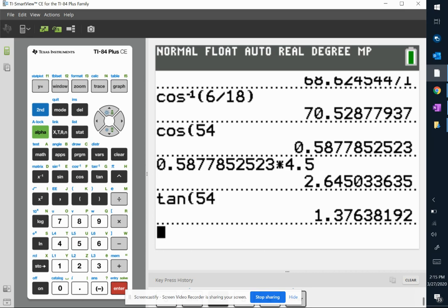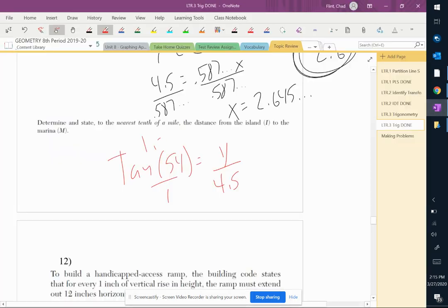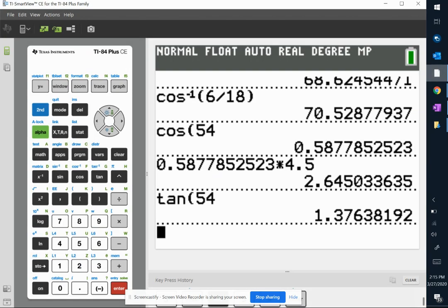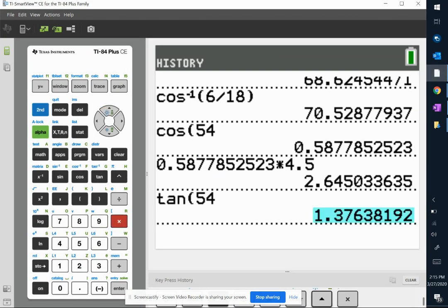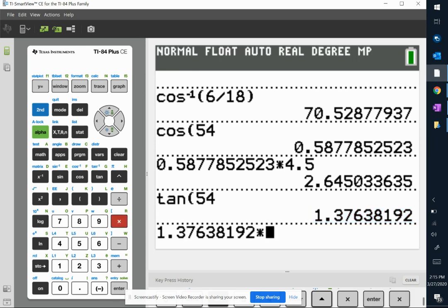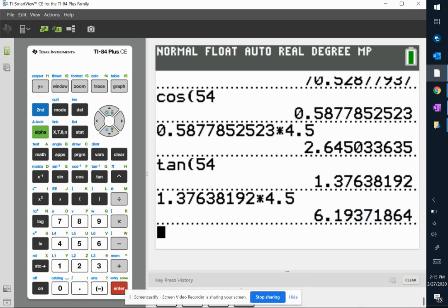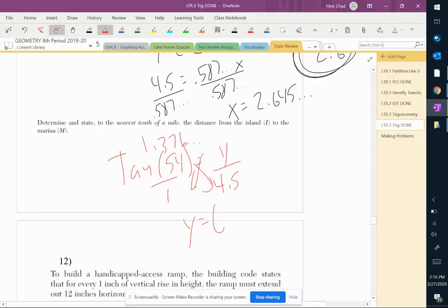So 1.376. So 6.19, nearest tenth again is 6.2.